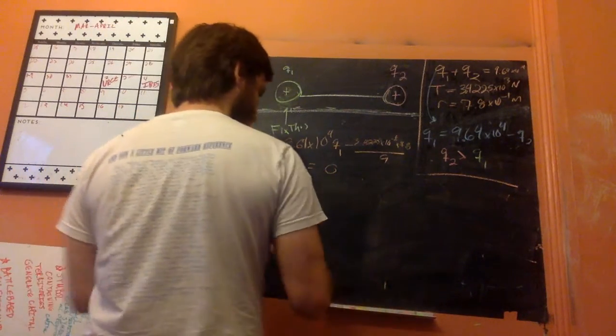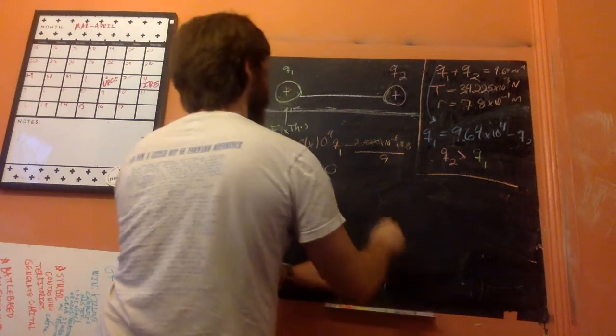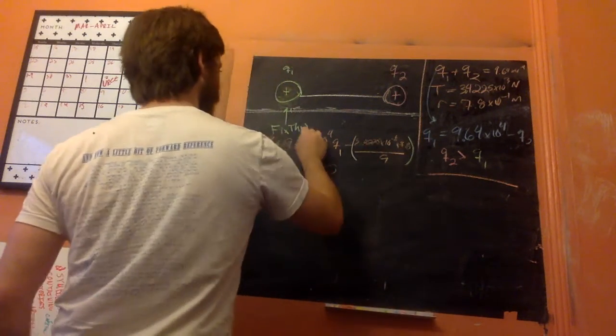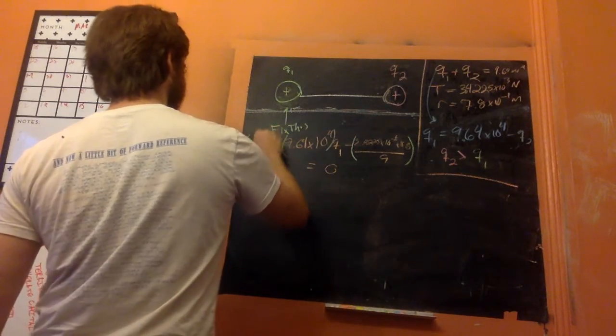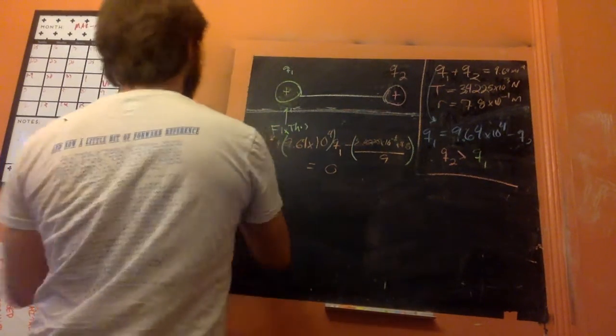Let me put these in various colored parentheses so we can see them better. There's one term, there's the b term, and there's the a term, which is negative 1. So, negative 1.